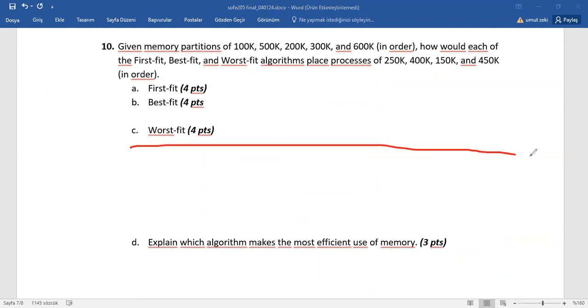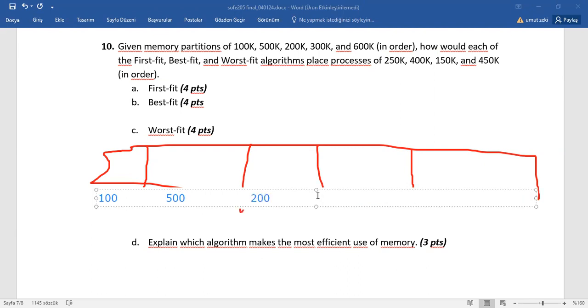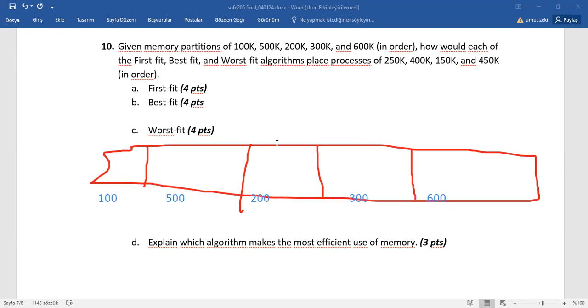Let's draw our partitions again: 100, 500, 200, 300, and 600.